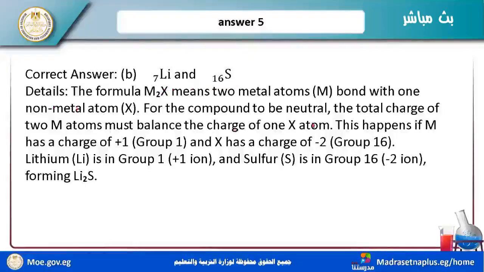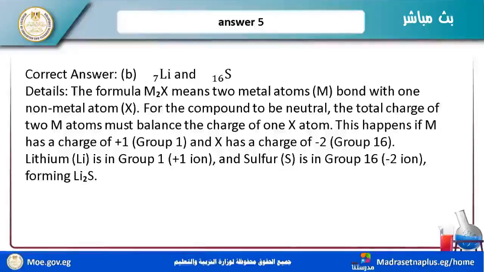This is the detail I illustrated before: the formula M2X means 2 metal atoms M bond with 1 non-metal atom X for the compound to be neutral. The total charge of 2 M atoms must balance the charge of 1 X atom.